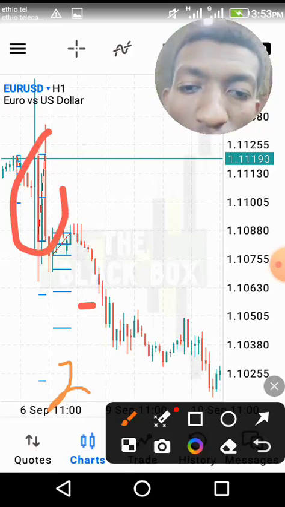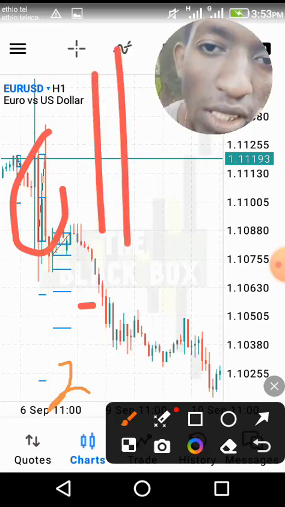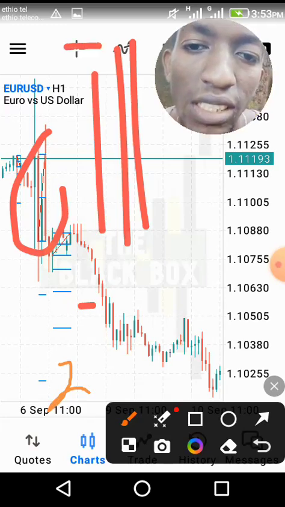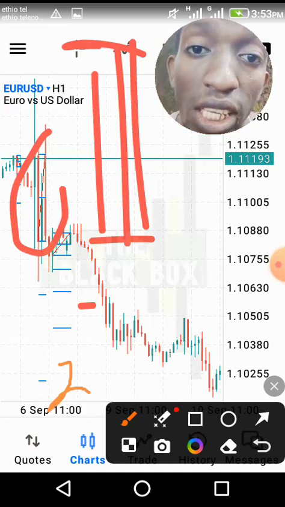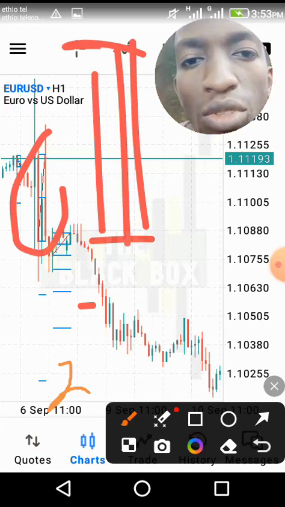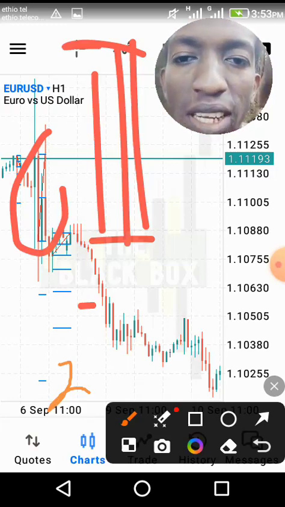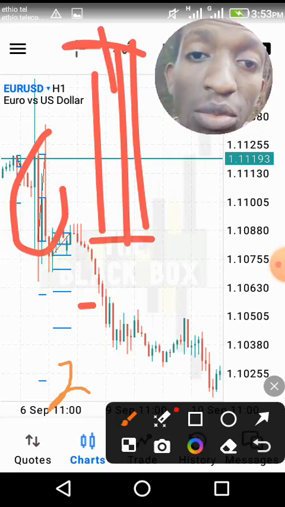When you are trading the black box, if you see this huge bulky black box, that is very, very scary. It's not good for your risk, I mean for your money.